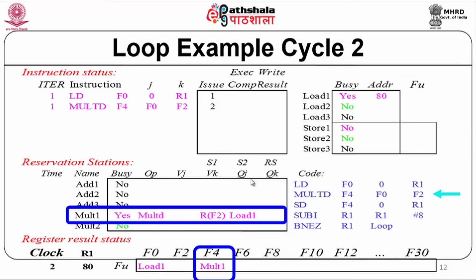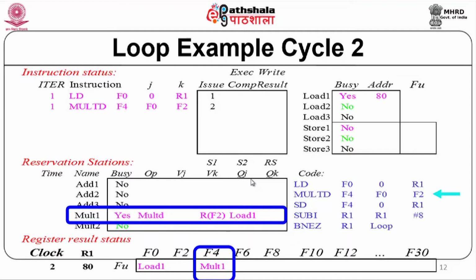The status of the mult1 reservation station entry has become yes, indicating that it is busy. The operation is multiplication, and if you look at the operands, not both operands are available. You have one operand which is available, which is your F2 register contents. That is fetched from register F2 and stored in your reservation station entry. The other operand, which is F0, has to come as a result of the load 1 instruction.